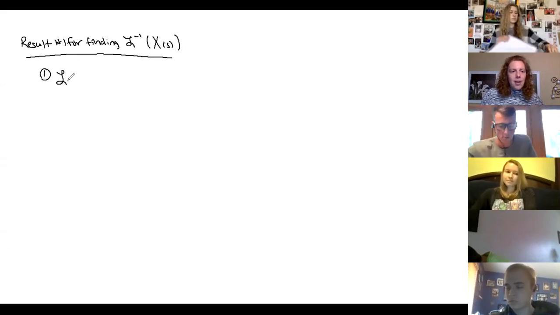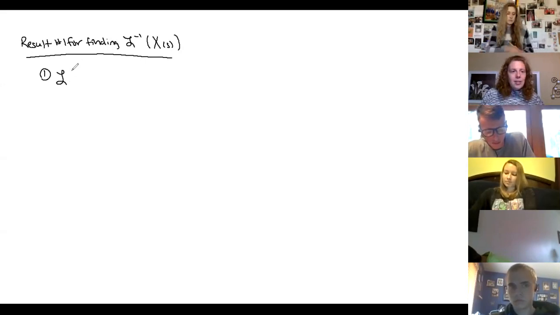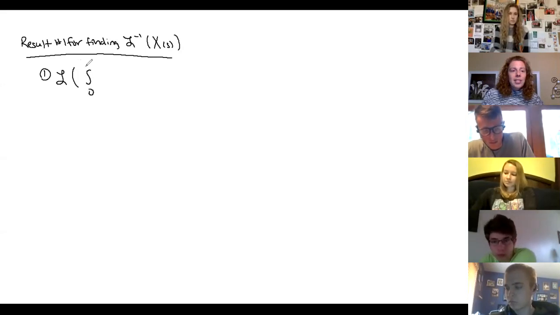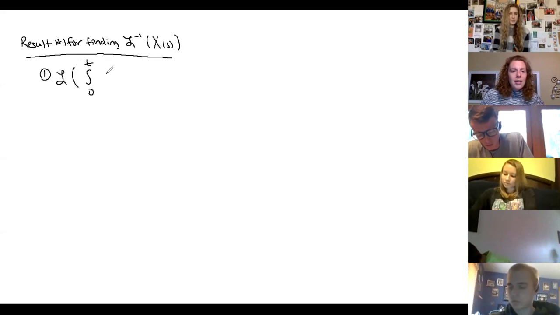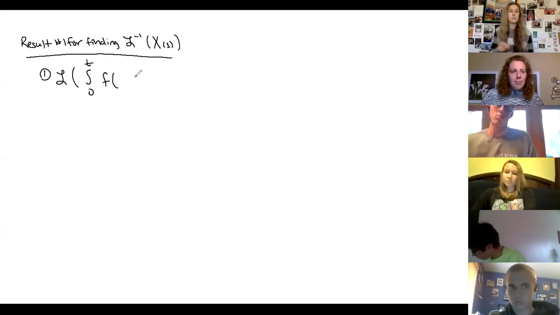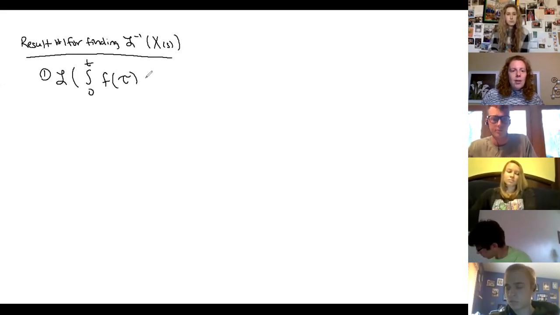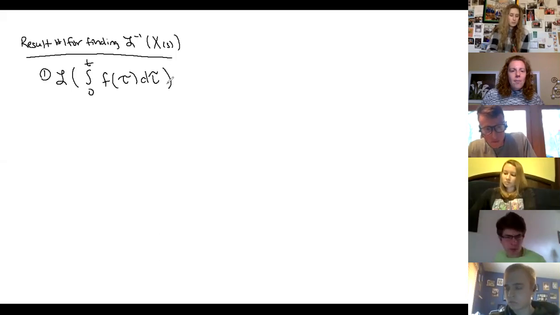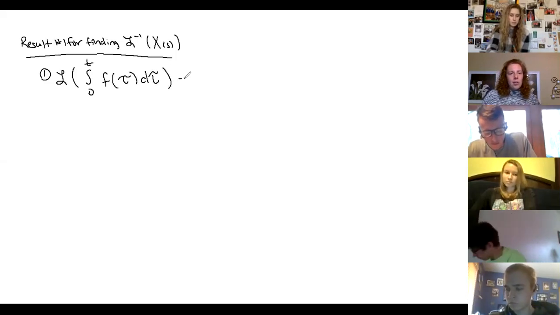So result number 1, here is what this theorem says, and we're gonna state it in 2 different directions. First of all, the Laplace transform of the integral from 0 to little t of f of, and now I can't use little t anymore because I've used it in the limit, so I need to come up with another letter. We're gonna go Greek, so f of tau d tau is equal to, we'll do this in just a sec, but let me get you having that written down first.